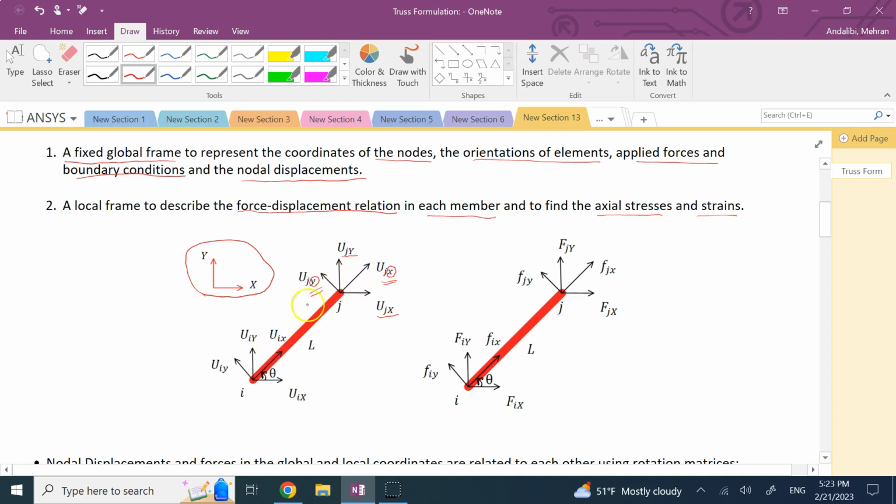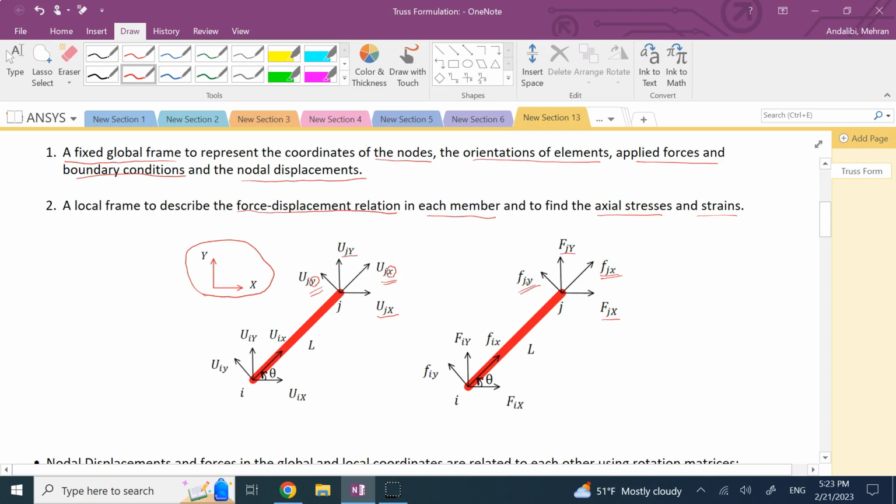So again, the fact that I have 2 of these local and global frames doesn't mean I have 2 sets of them. I'm just showing the directions here for the reference. And similarly, the forces applied on the nodes can also be described either in the global frame or in the local frame.